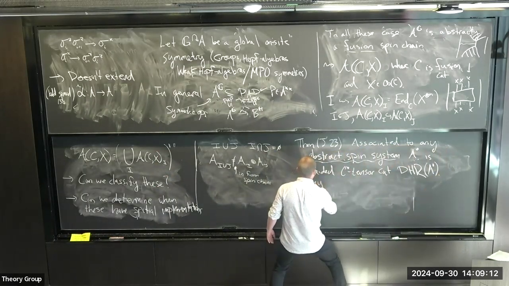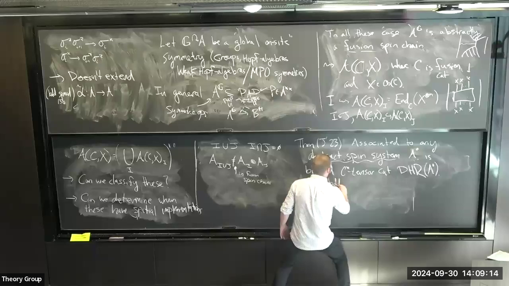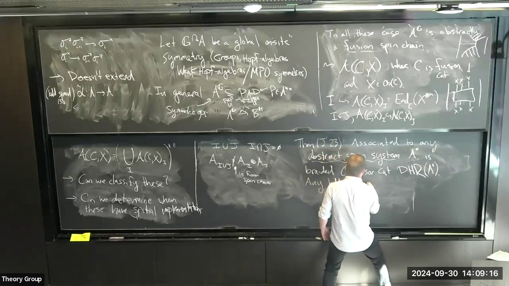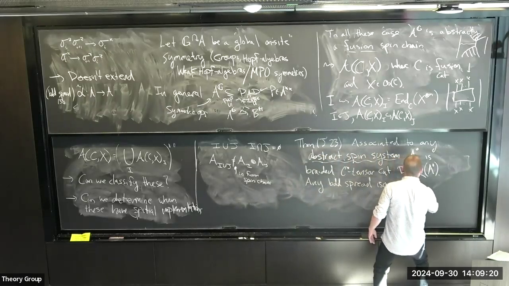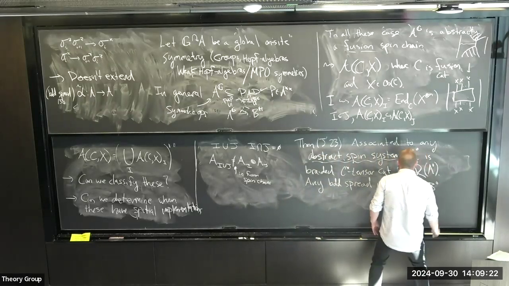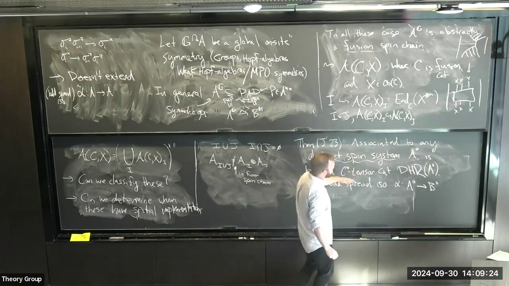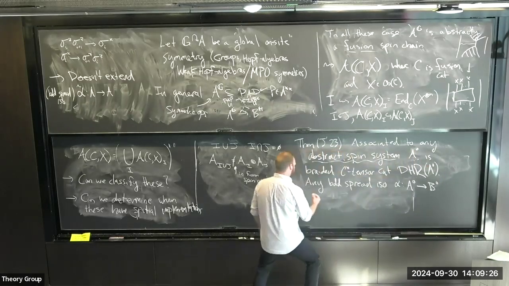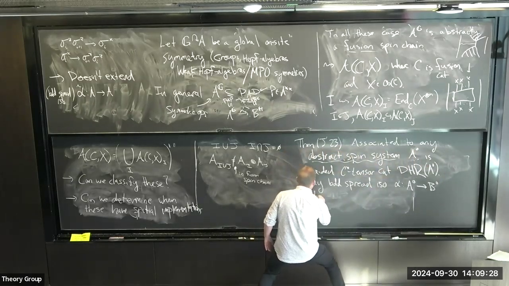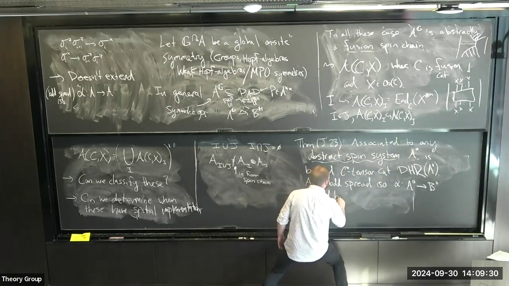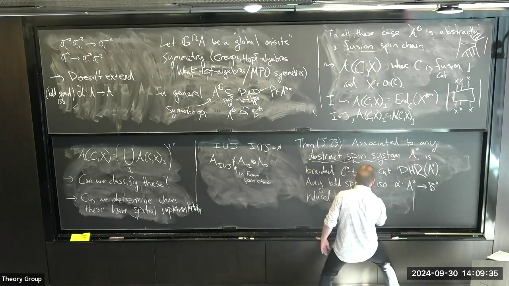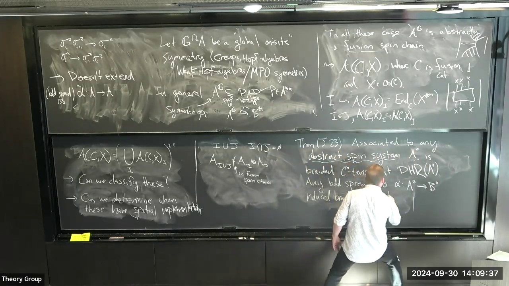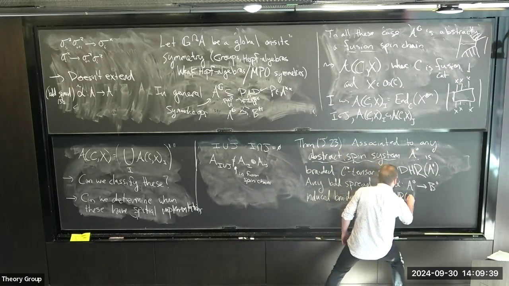any bounded spread isomorphism alpha between two of these abstract spin systems gives you a braided equivalence between these braided C-star tensor categories. I'll call it DHR of alpha.